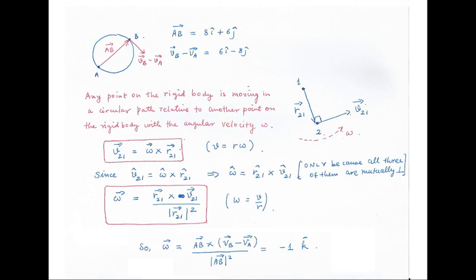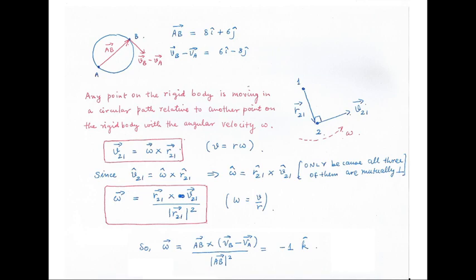It's very simple to see this because the distance AB is fixed, so B cannot move in any way other than a circular path around A. As seen from A. As seen from a laboratory frame, from a ground frame, B can have a complicated path. It can move in a cycloid, it can move in a straight line, in a number of ways, it can move in a circular path.